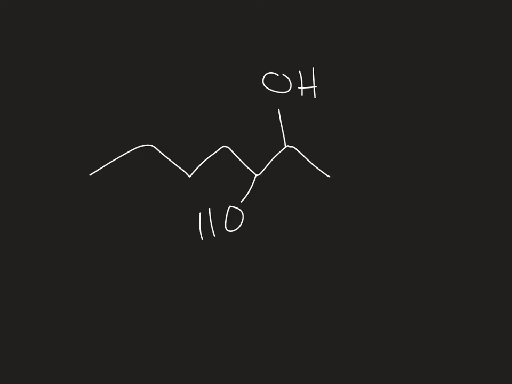Now we'll look at a situation where we have more than one alcohol. So I'm going to make a triol here. Put some methyls on it too. So 1, 2, 3, 4, 5, 6, 7. So this is going to be a heptane triol.